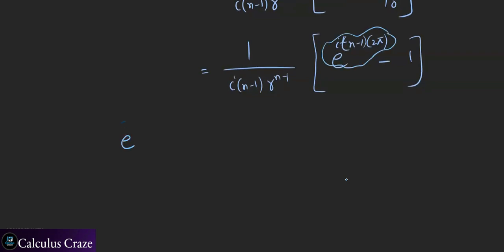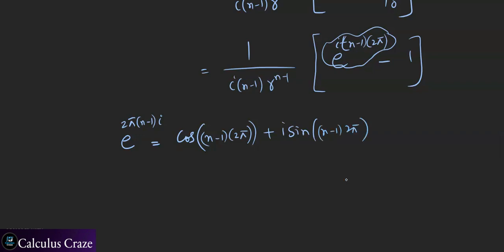So e to the 2 pi (n minus 1) times iota, right? But we know that e to the iota theta is equal to cos theta plus iota times sine theta, which means cos of (n minus 1) times 2 pi plus iota times sine of (n minus 1) times 2 pi.